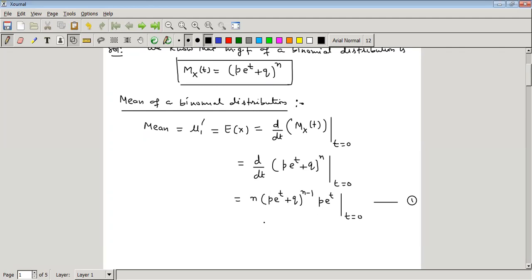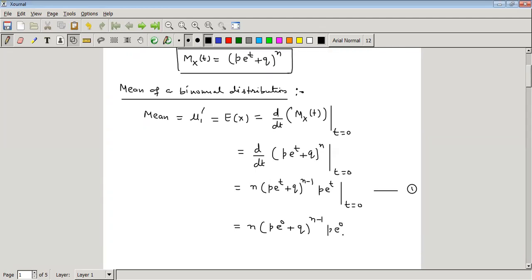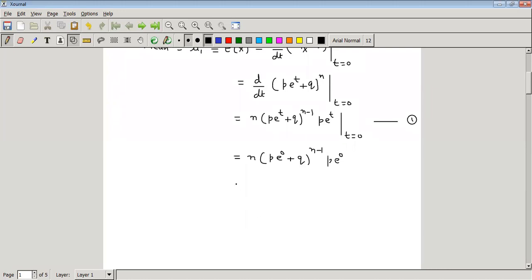After differentiating we get this. After putting t equal to 0, we get n into (p e to the power 0 plus q) to the power n minus 1 into p e to the power 0. e to the power 0 is 1, and we know that p plus q is equal to 1, so we get (p plus q) to the power n minus 1 into p, which is equal to np.